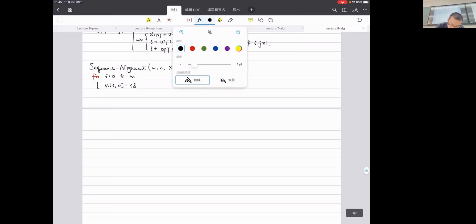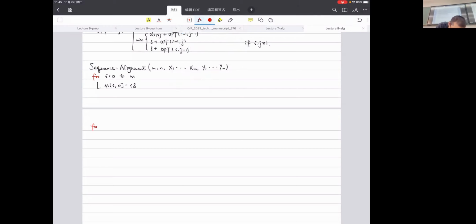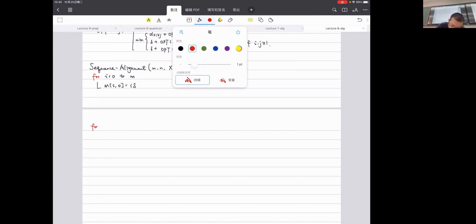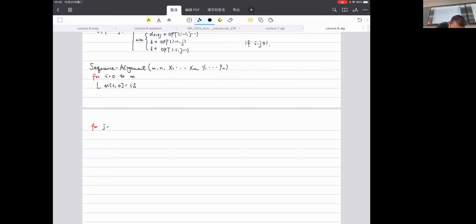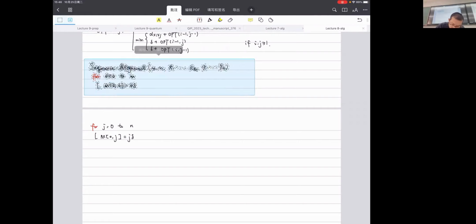And furthermore, for j equals 0 to n, we are going to have the value M 0j equals j delta.